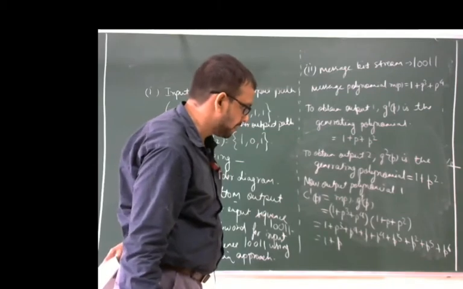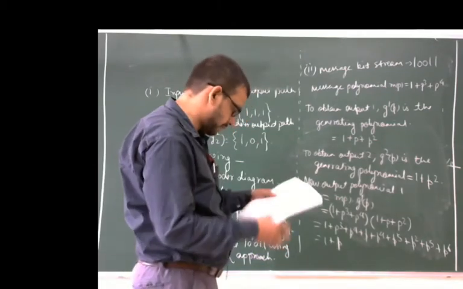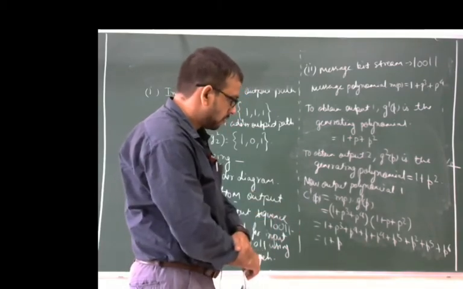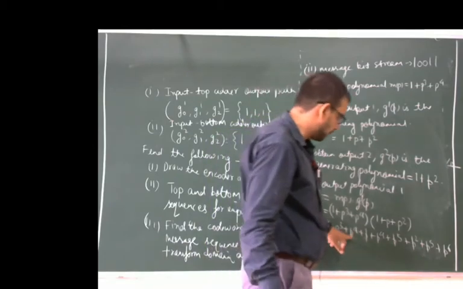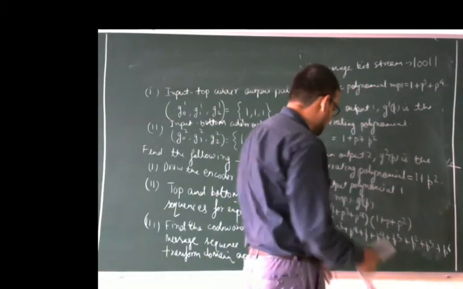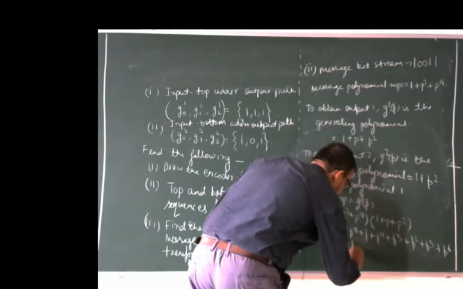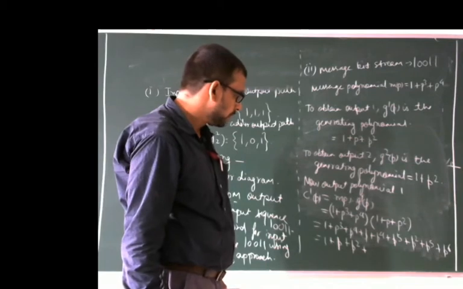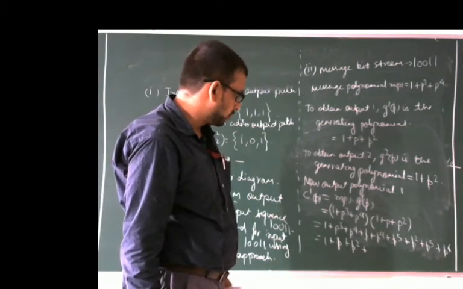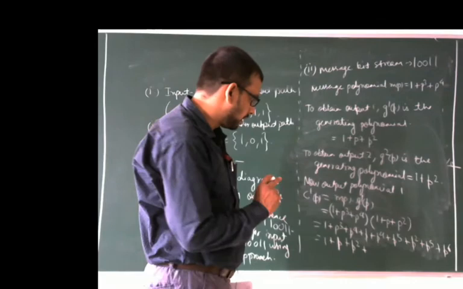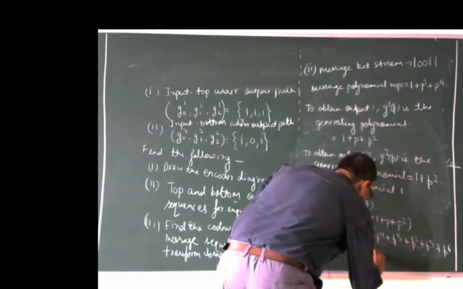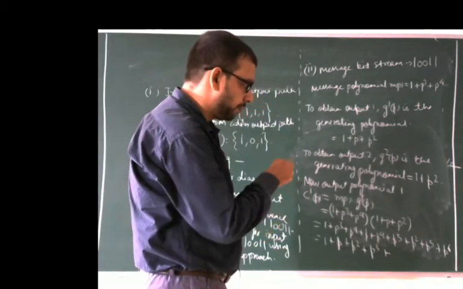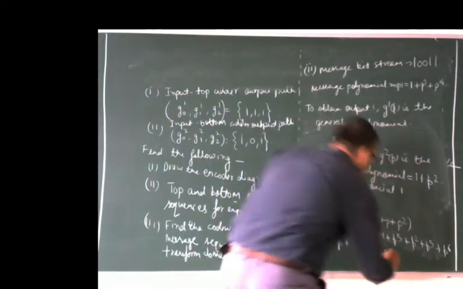Then p square, written in the, here, p cube p to the power 4, also p square is there, plus, and after that p to the power 3 also a single time, p to the power 3 plus p to the power 4 two times, it cannot be written, p to the power 5 two times not written, but p to the power 6.